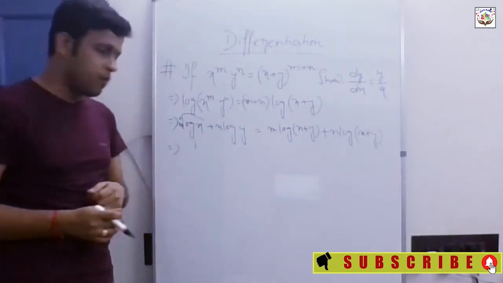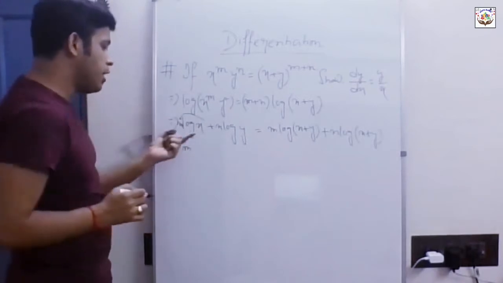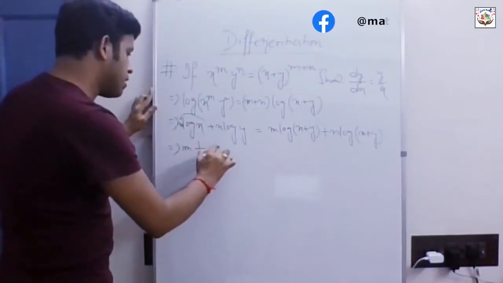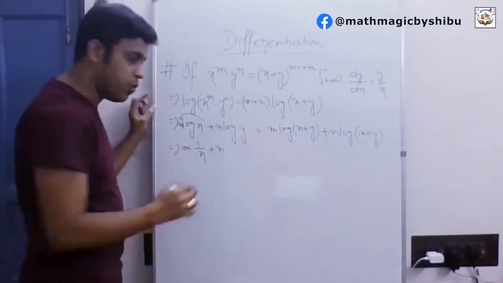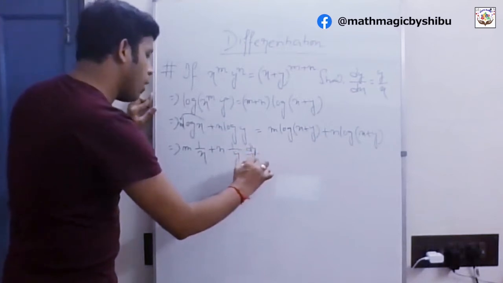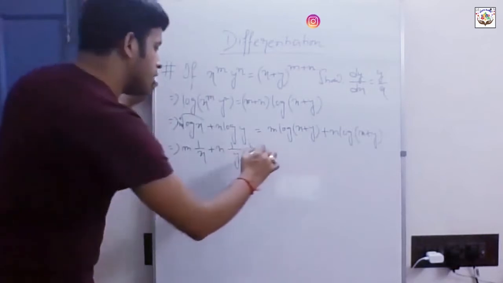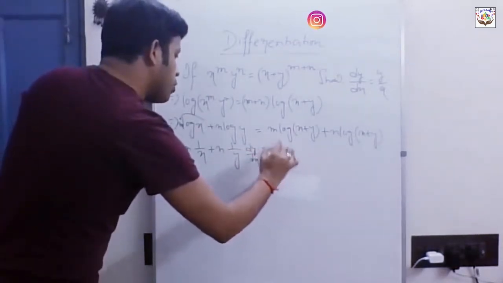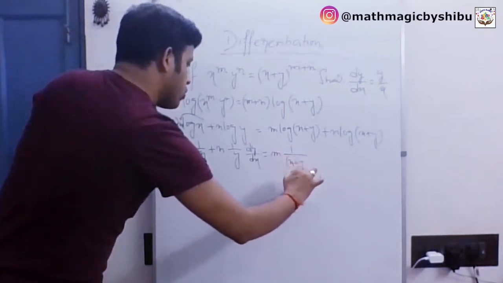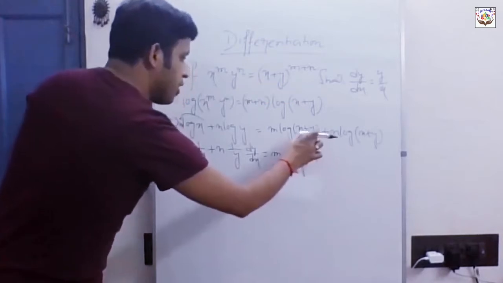It will be easier to solve, as m and n both are constants. So m into d dx of log x would be 1 by x, plus n into d dx of log y would be 1 by y into dy dx, as y is a variable and we are differentiating with respect to x, right? Similarly here, m would be constant, log of x plus y would be 1 by x plus y, and we need to again differentiate the x plus y part.